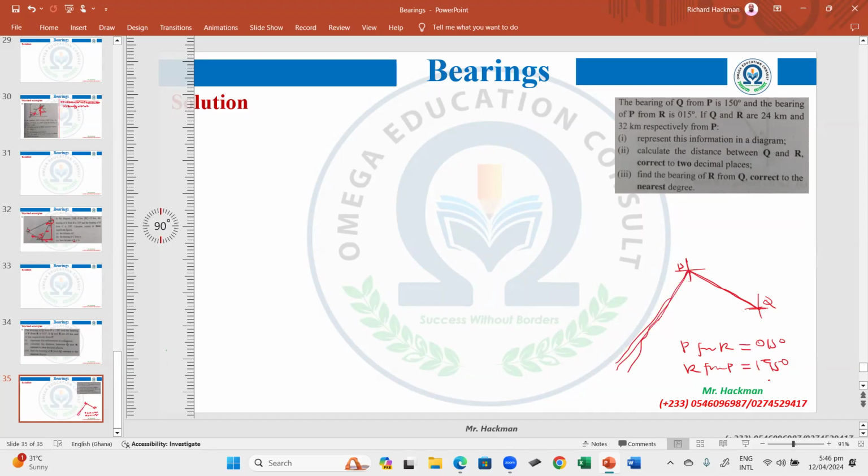Is that clear? Is my explanation okay? Yes, please. So now we know how to deal with bearings when you are given true bearing, whether your triangle results in a right angle triangle or not, you are good to go.